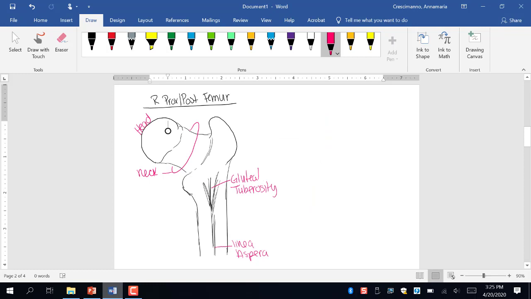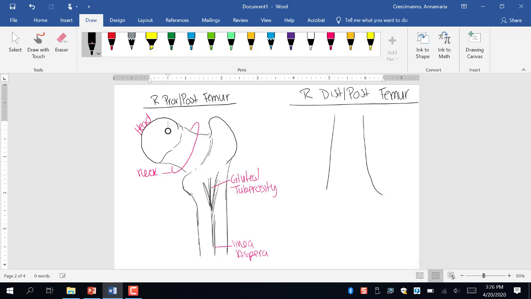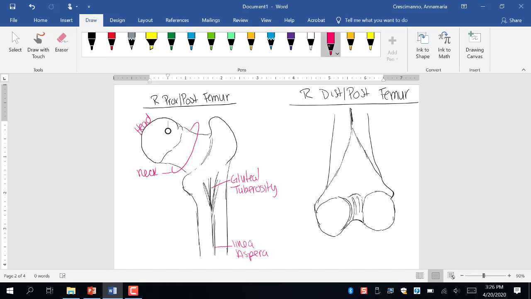So let's draw a posterior view of our distal epiphysis. Okay, so we know the condyle on the same side as the head would be the medial condyle.